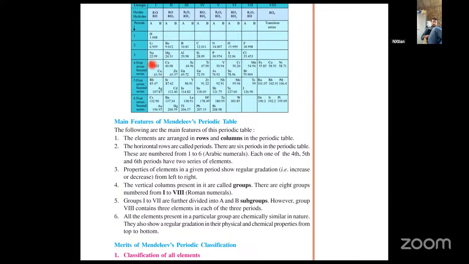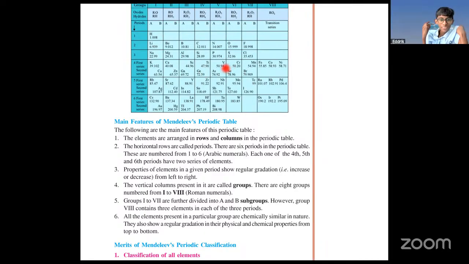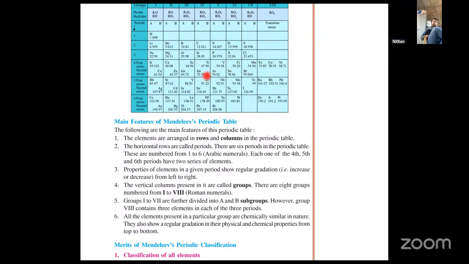You can check potassium and copper, calcium and zinc, strontium and gallium, titanium and germanium, vanadium and arsenic. Like this, these are all in one box. Did you understand? Yes or no?